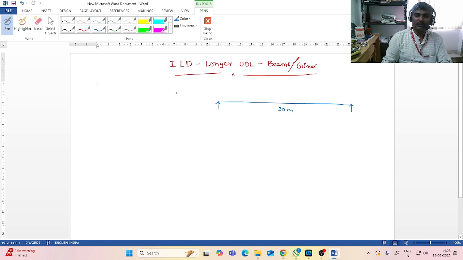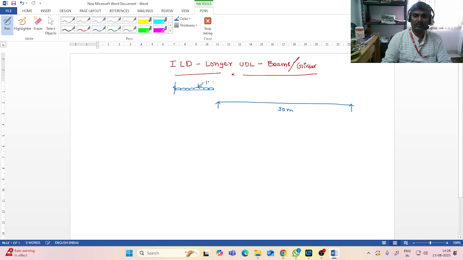Now imagine there is a UDL which is longer than the span, which means the length of the UDL, or the span of the UDL, is more than 30 meters. So I'll just break this UDL here, which means you need to imagine that this span is more than 30 meters.